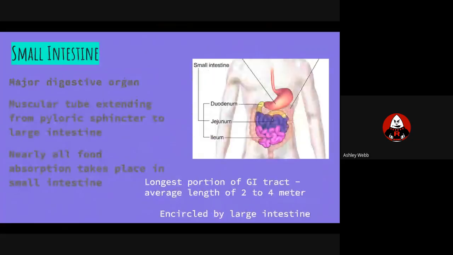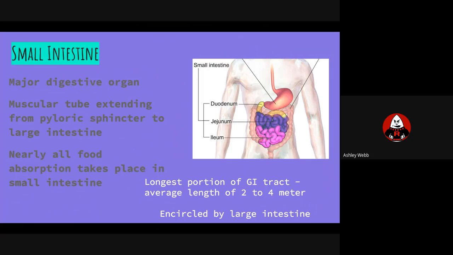The small intestine is a major, major site for digestion. Again, it's a muscular tube that goes from the pyloric sphincter to the large intestine. Nearly all of the absorption that occurs in the digestive system occurs within the small intestine.